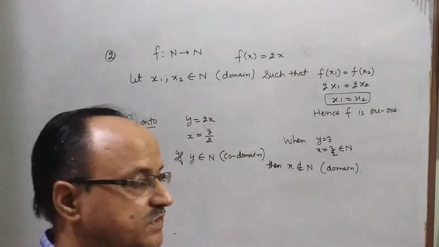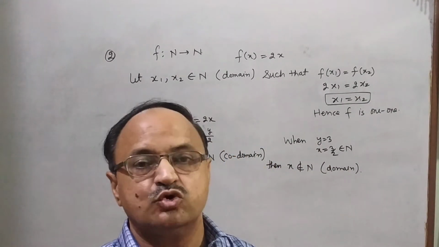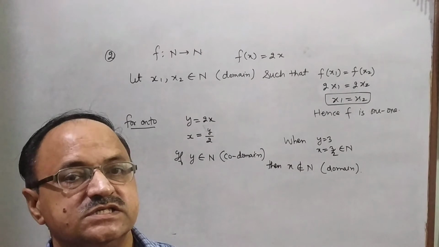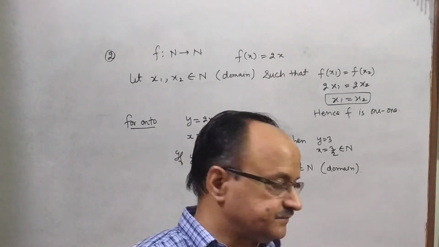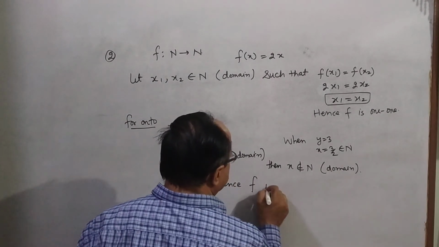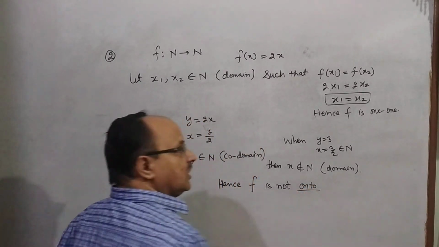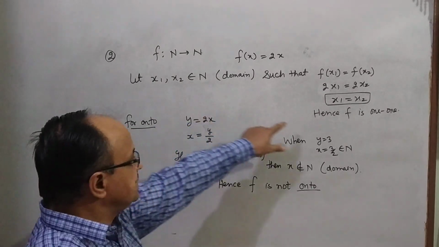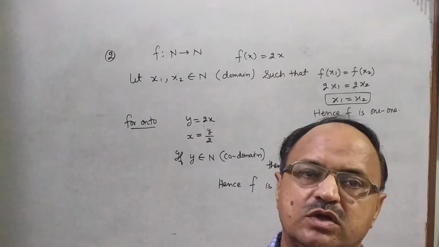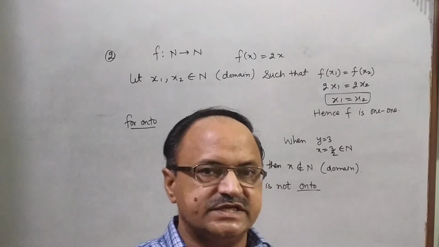It means that if any number in the codomain has no preimage, then the function is not onto. Clear? Hence the function is not onto. You know that the function is 1-1, but it is not onto. So overall it is not a bijective function. Clear?